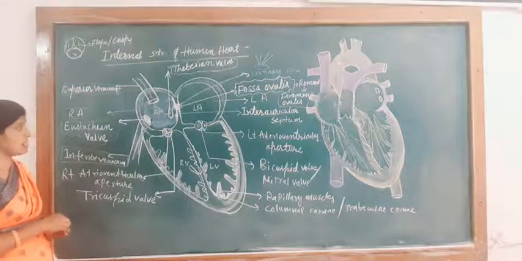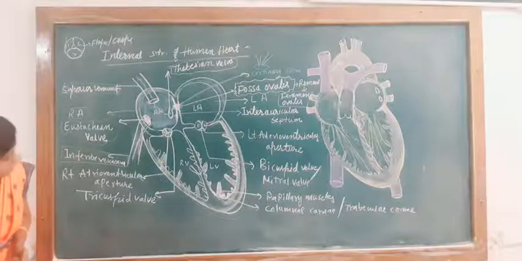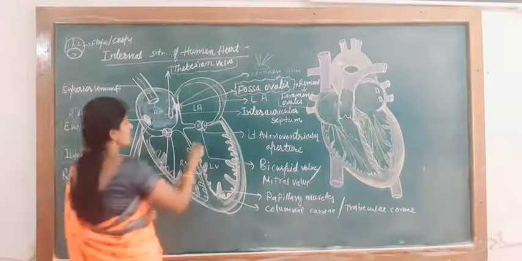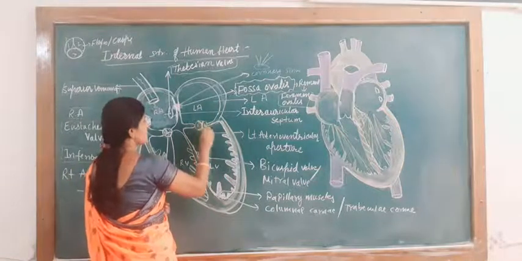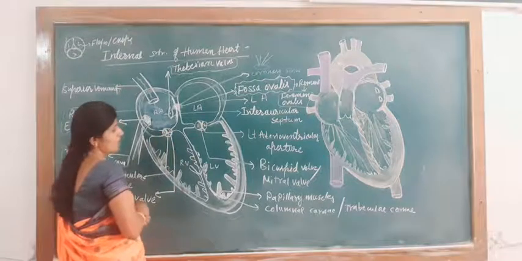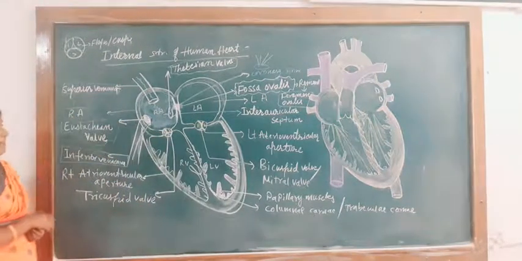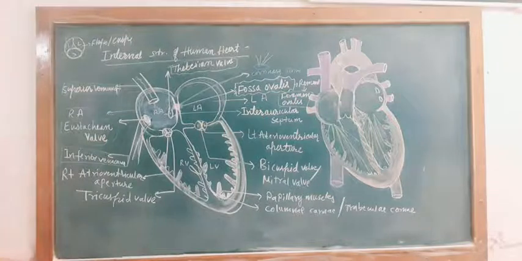The bicuspid and tricuspid valves are attached to the papillary muscles by inelastic fibers called chordae tendineae.